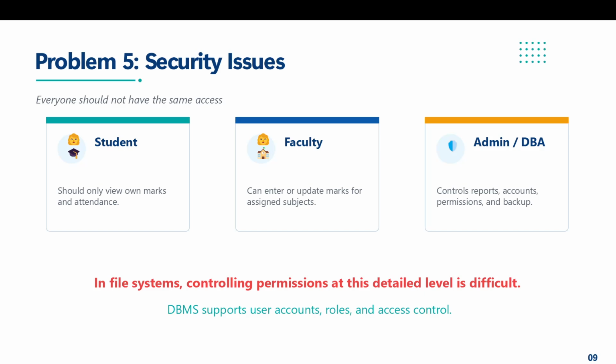For example, the marks file may also contain phone numbers, department details, or other personal information too. But in DBMS, we can create user accounts, roles, and permissions. We can control who can view the data, who can update the data, who can delete and who can manage the data. So DBMS gives better security and access control compared to ordinary file systems.